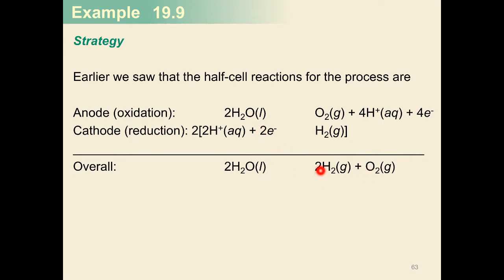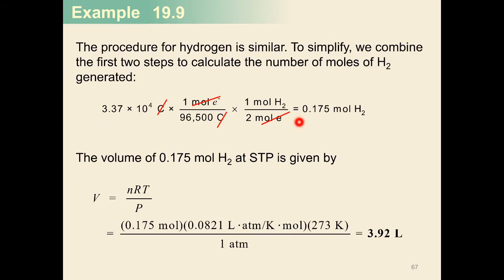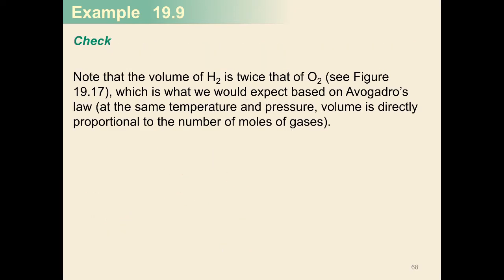Actually, you can just use 2 H2 and 4 electrons, but you will still get the same value, whether you use 2 moles of H2 over 4 moles of electron, so that you are consistent with the final reaction, because 2 over 4 is equal to 1 over 2. So you have 0.175 moles of hydrogen, converted to volume using our ideal gas law, that's 3.92 liters. So that is for electrolysis.